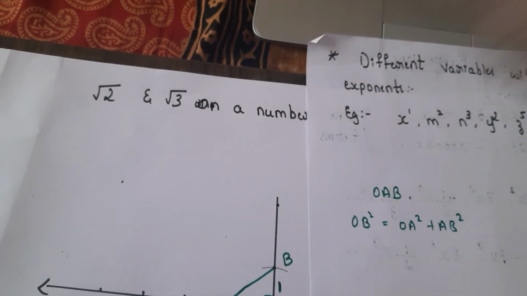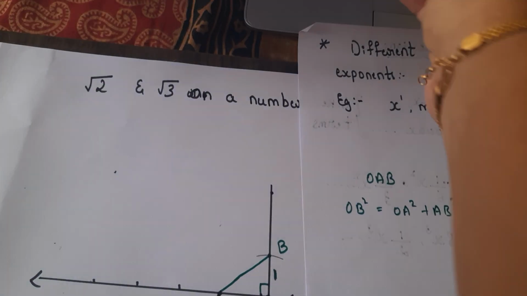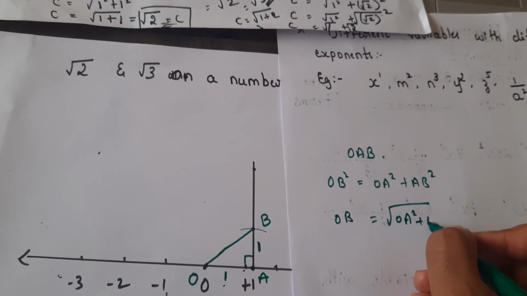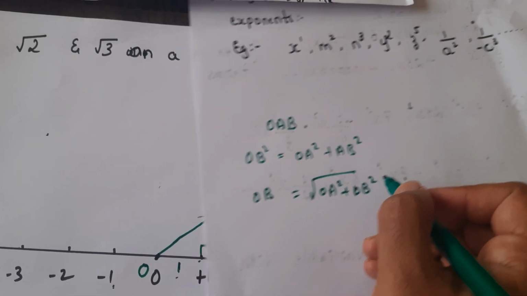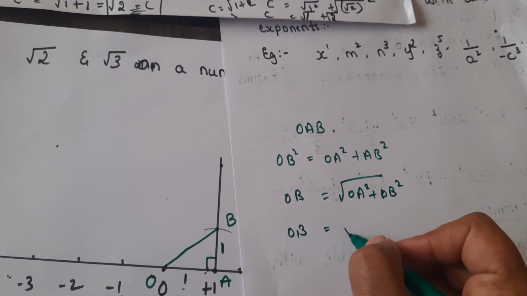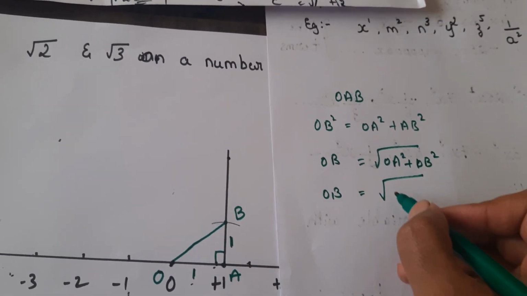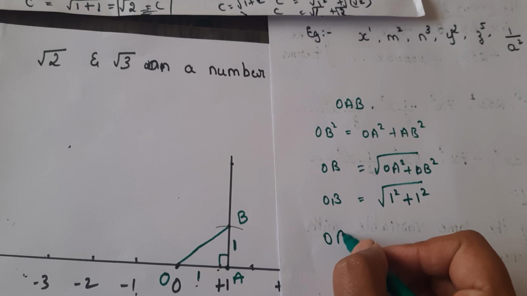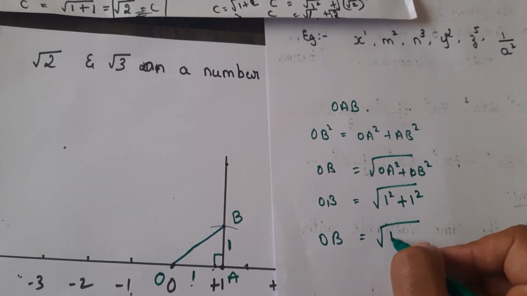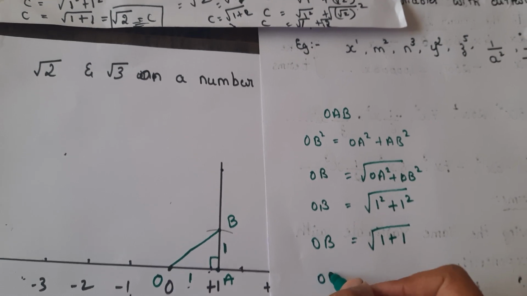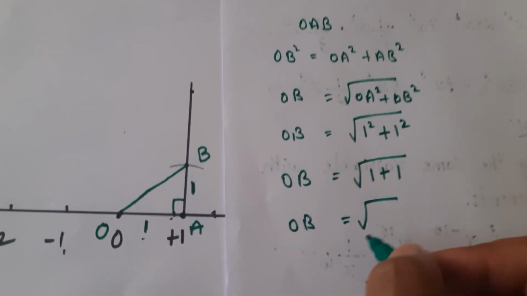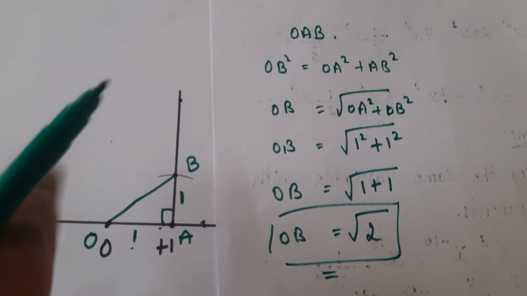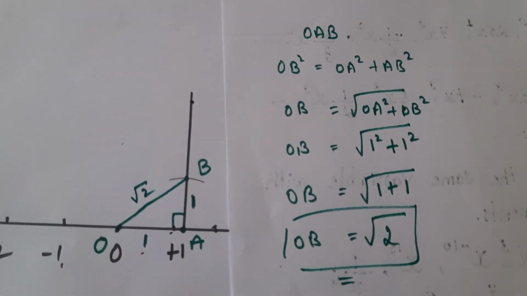If we go back to this formula which we studied, OB is the square root of OA square plus AB square. How much is OA? 1 square. How much is AB? 1 square again. So OB is the square root of 1 plus 1, which is square root 2. Hence we got the hypotenuse of this triangle as square root 2.